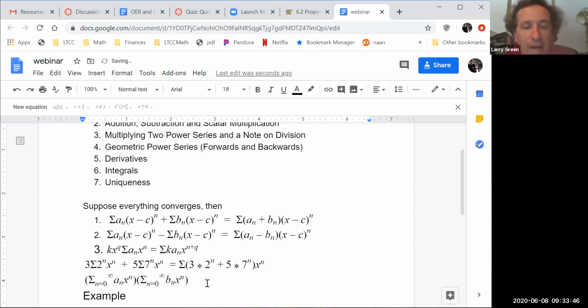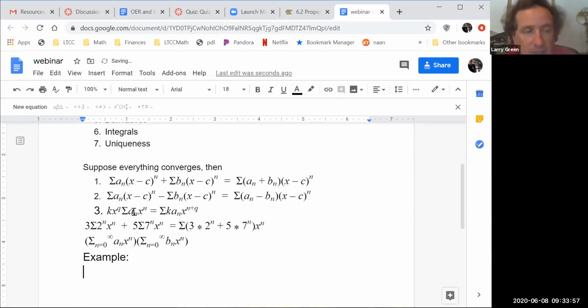So again, I'm not writing down the formula because it is a long formula. I don't think it's worth learning the formula. I think it's better to understand how things work. So let me do an example. I'm just going to copy and paste, and change my a_n and my b_n.